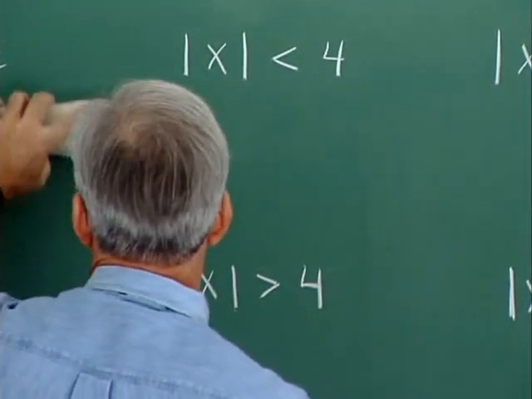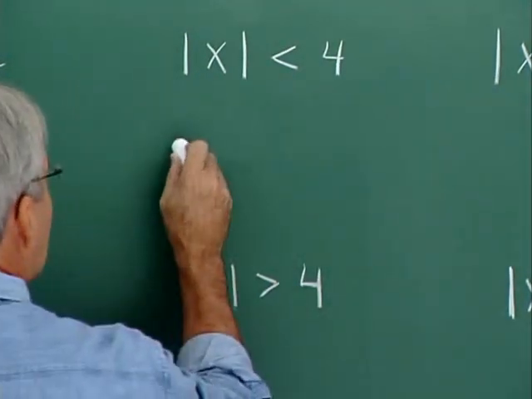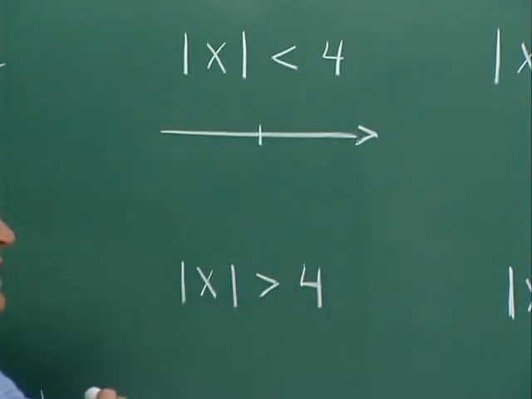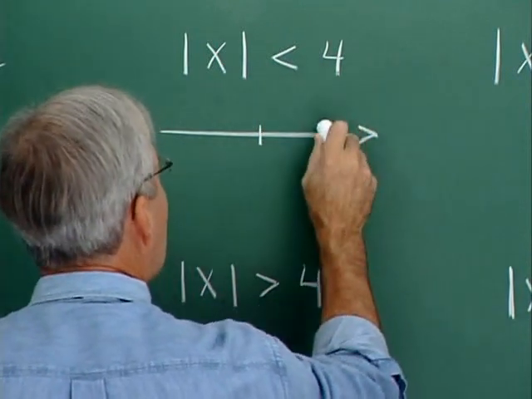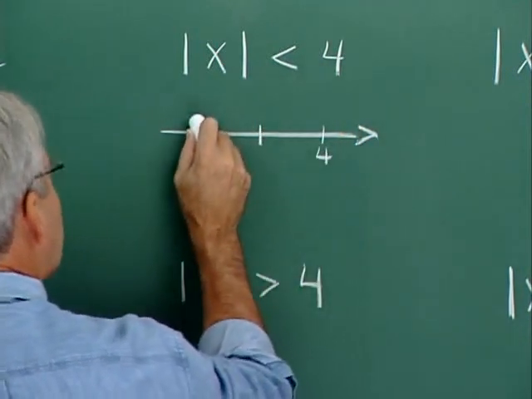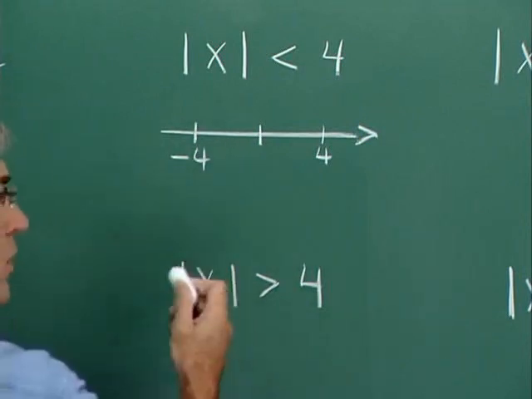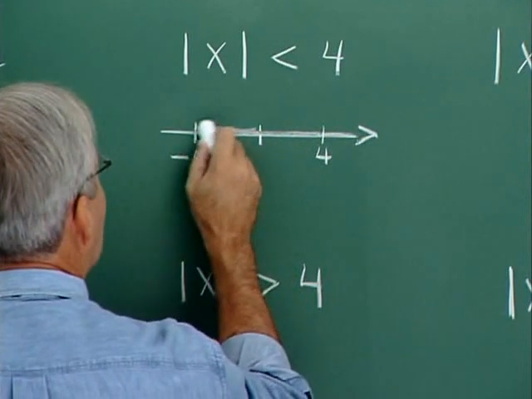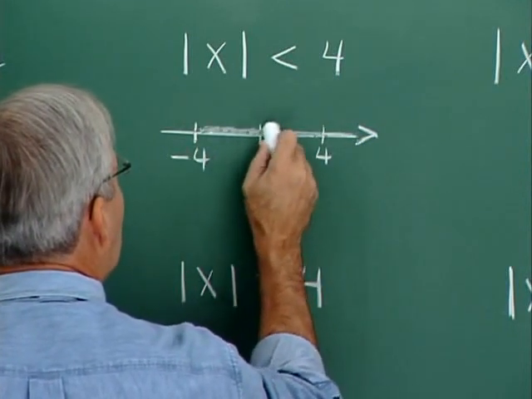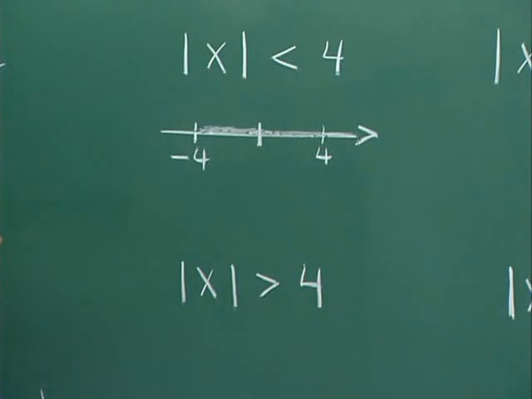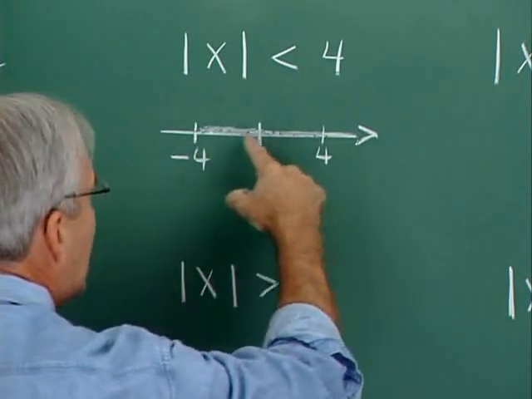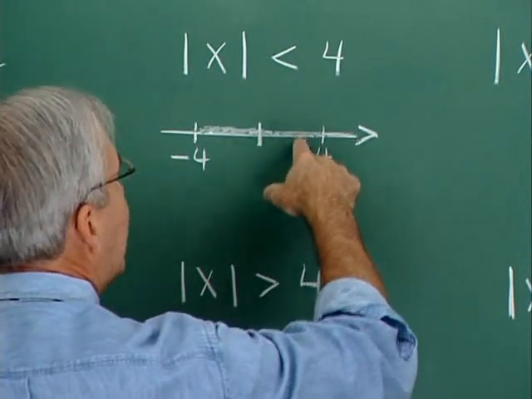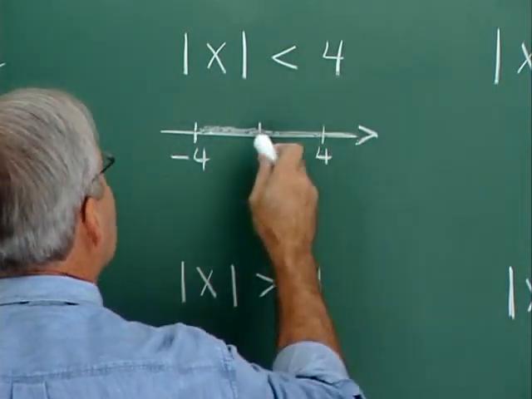So, if we think about a number line and we think about the distance from 0 being less than 4, then that distance could be taken in either direction. So we're talking about all the numbers x that are in this interval, from negative 4 to 4, that would make this true. So for all of these x values, the distance from 0 is less than 4. All right, so that's the idea.